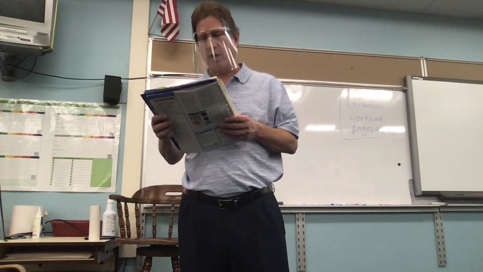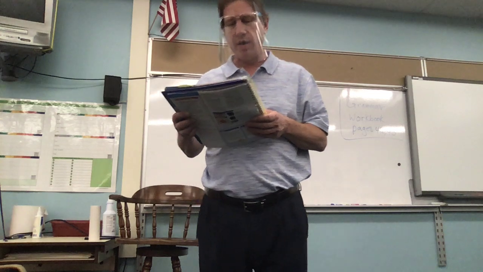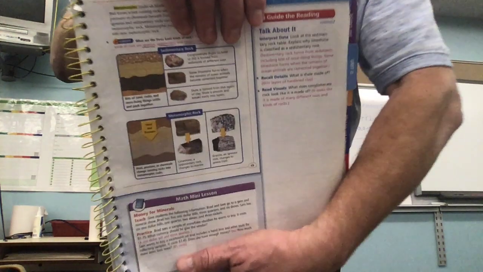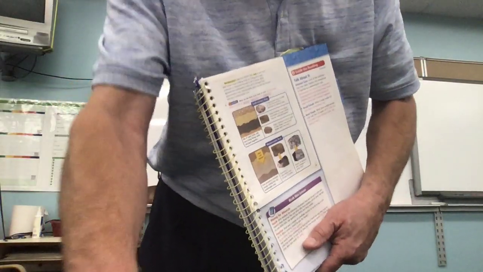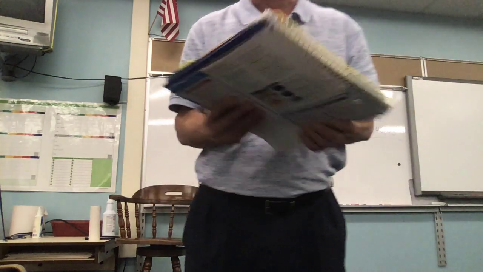On the next page, we learn about sedimentary rock, conglomerate, limestone, and shale, and then metamorphic rock, limestone and granite. Granite is another fine material that people use sometimes in household applications or even outside for different reasons.